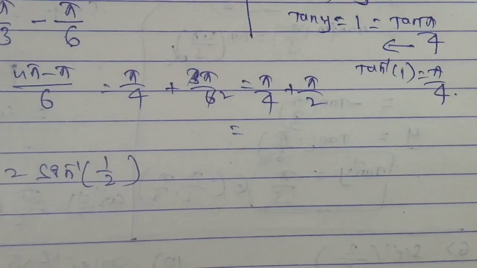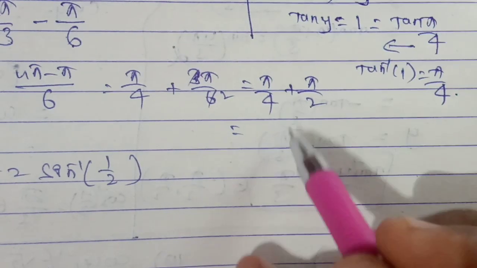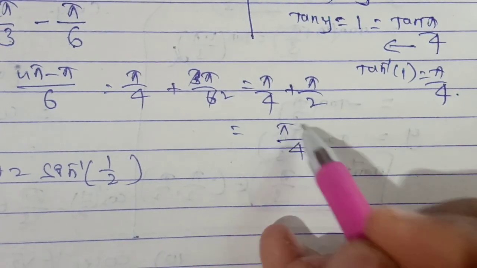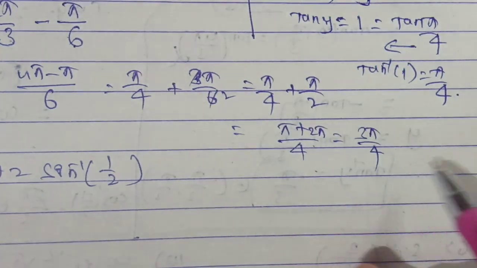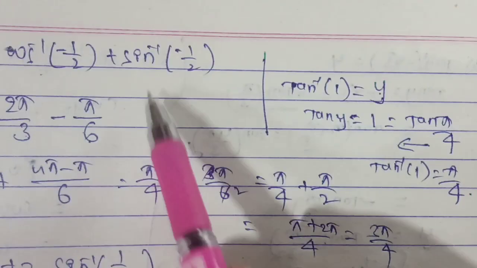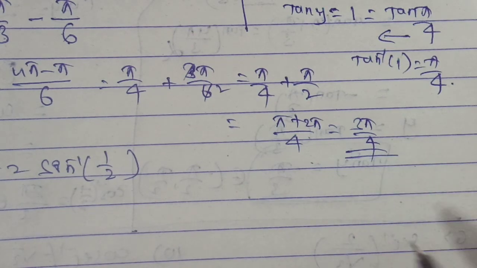Again, for 2 and 4, the LCM is 4, so pi plus 2 pi, I get 3 pi by 4. Here the final solution of this problem is 3 pi by 4.